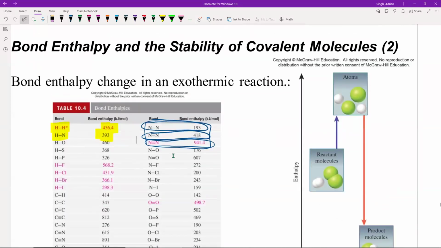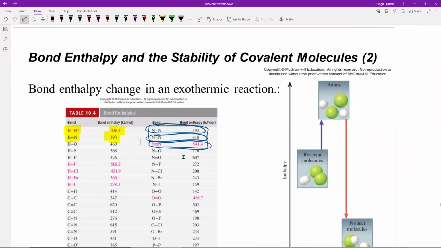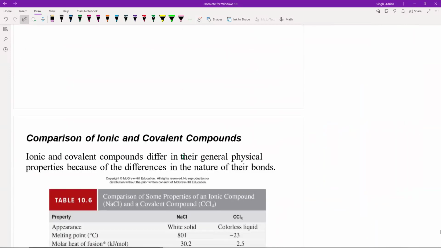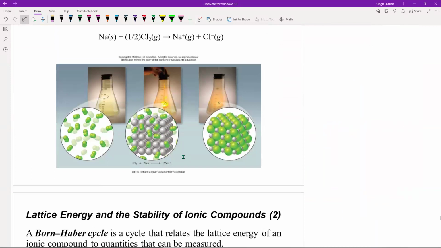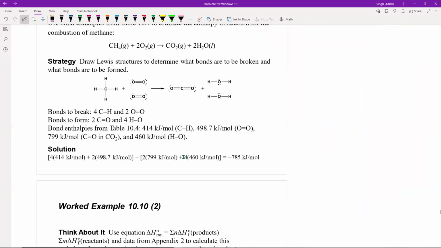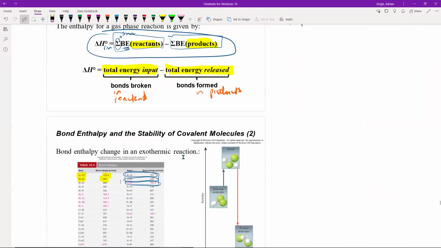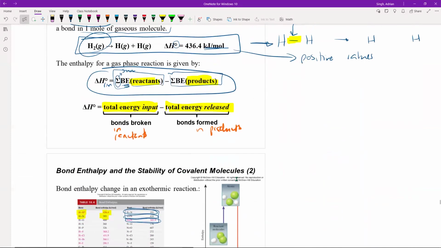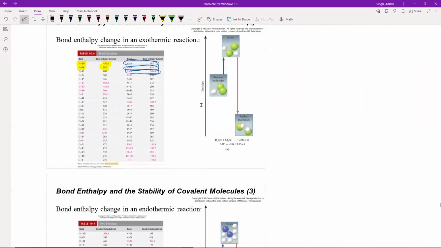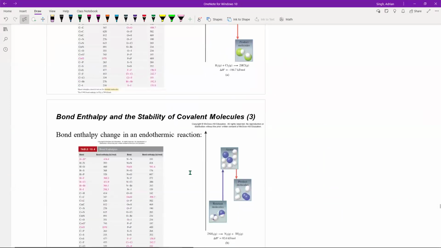So when we calculate the enthalpy change for a reaction based on our bond enthalpies, we're going to come up with similar overall changes. So our delta H for the reaction could be negative, in which case it's an exothermic process, or the delta H for the reaction could be positive, in which case it could be an endothermic process.